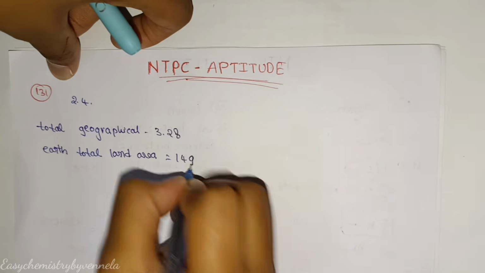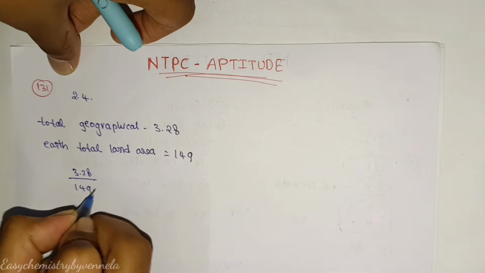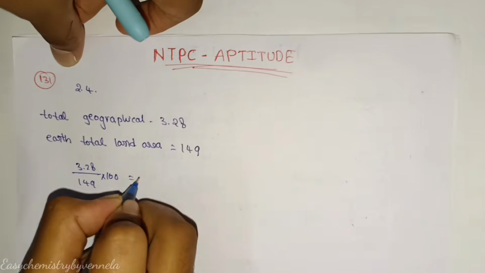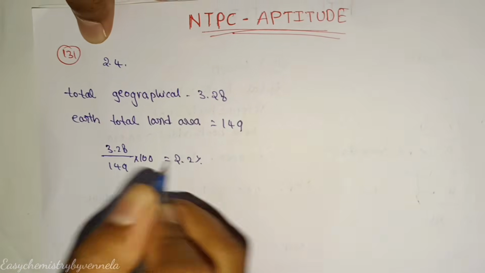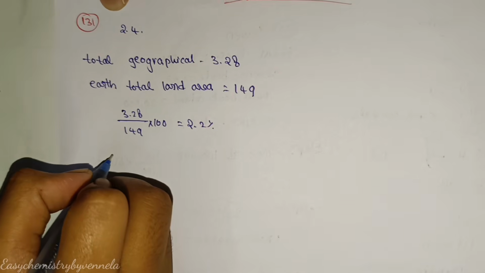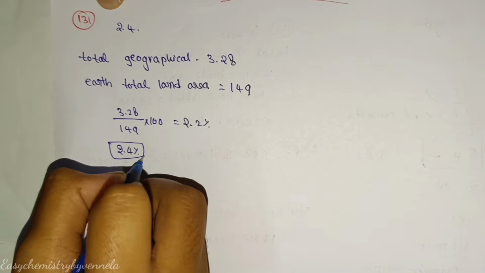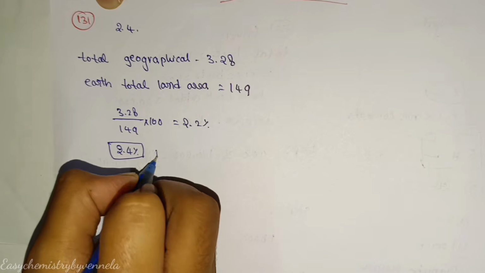So 3.28 by 149 into 100 gives about 2.2%. The commonly stated geographical fact is that India accounts for about 2.4. So the correct option is 2.4. The first option is the correct one.